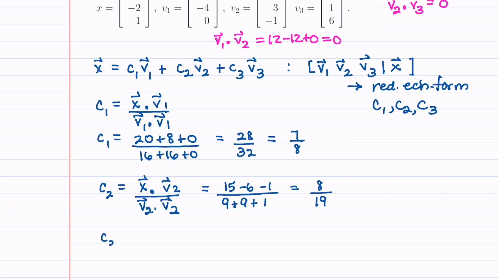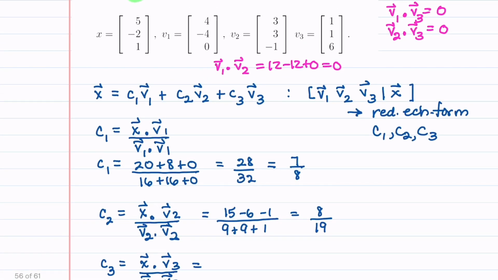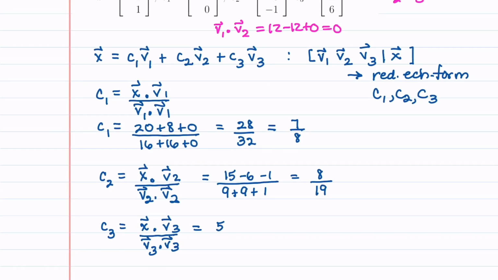Now let's go ahead and do c3. c3 is x dotted with v3, all divided by v3 dotted with v3. X dotted with v3, we have a 5, a minus 2, and a 6. So 5 minus 2 plus 6.